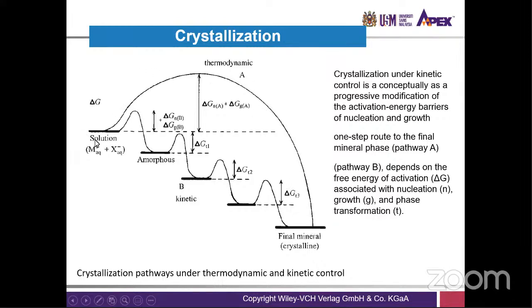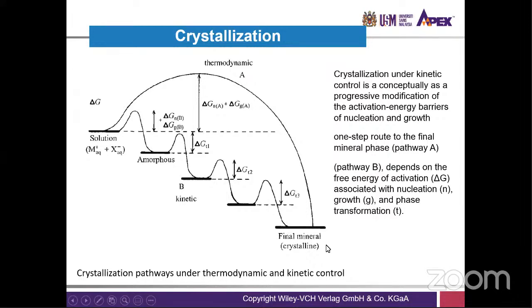But pathway B will depend on the free energy of activation of the materials, associated with nucleation, growth, and phase transformations before it comes into the final product, which is the final material that we want.